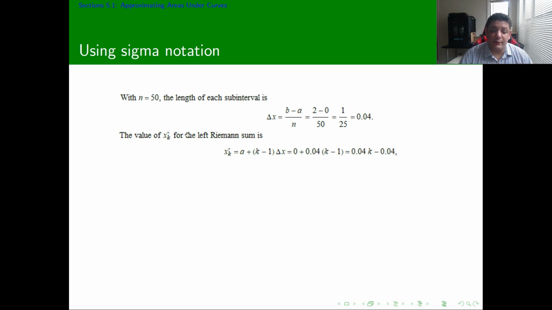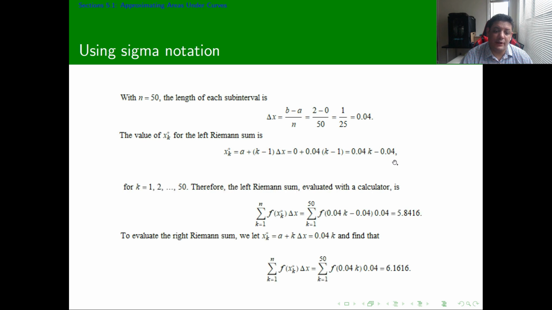Now for the left Riemann sum, we can find out what our xk is going to be. a is 0, and delta x is 0.04, so our xk star is going to be 0.04k minus 0.04. To evaluate the left Riemann sum, we plug that into the function in the Riemann sum formula.